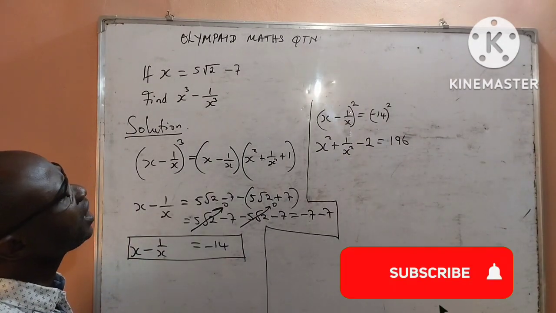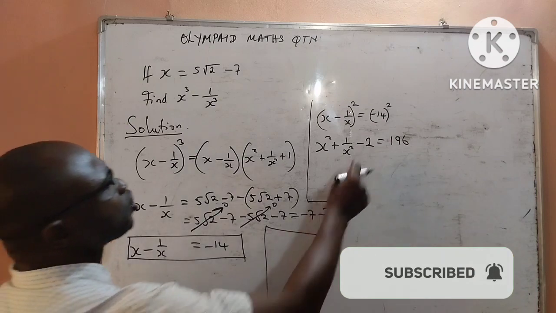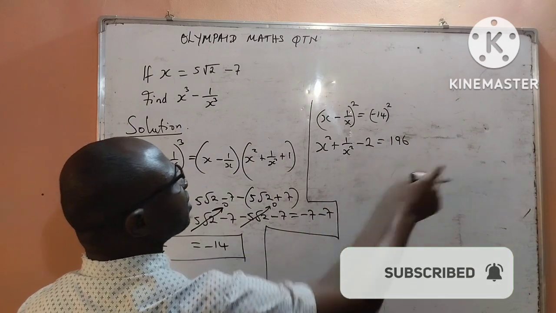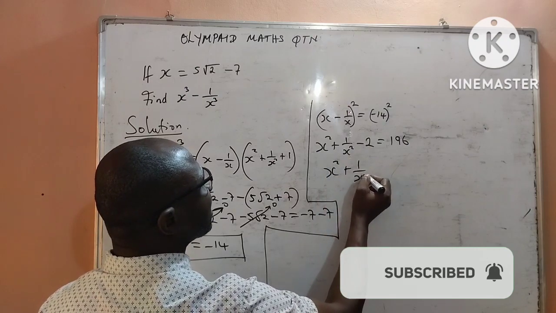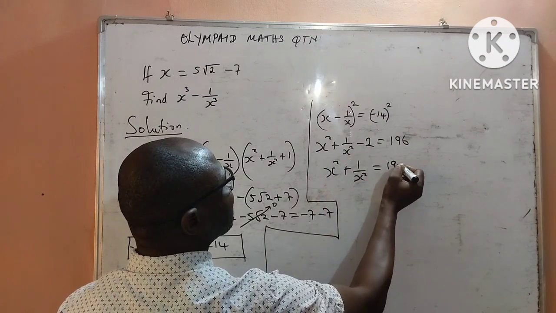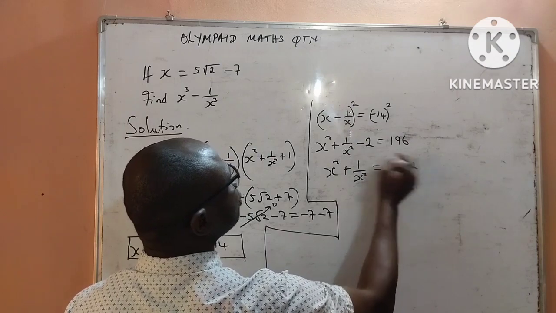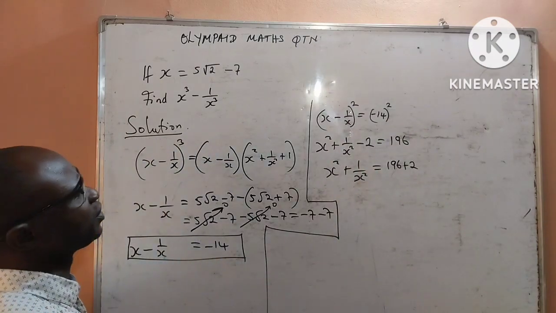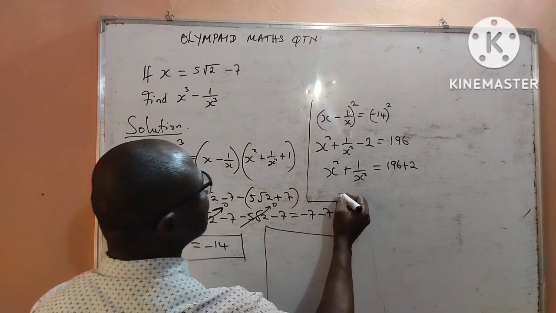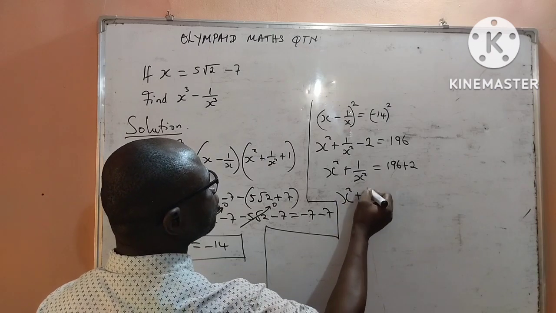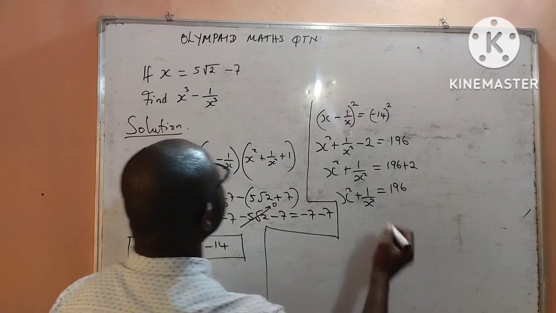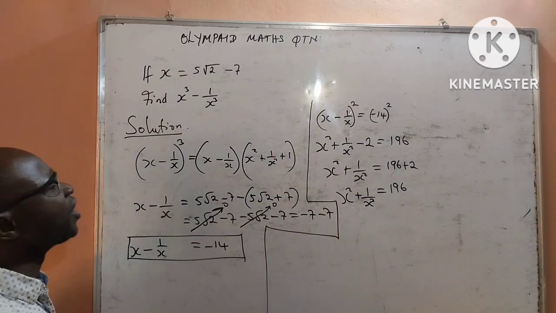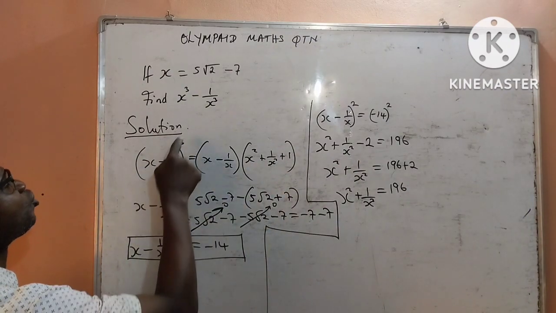Now, moving forward, I want to move this negative 2 to the right hand side to get x squared plus 1 all over x squared is equal to 196 plus 2, because negative goes to the right to become positive. That implies that I shall now have x squared plus 1 all over x squared equal to 198. Come back to the starting point where we did difference of 2 cubes.